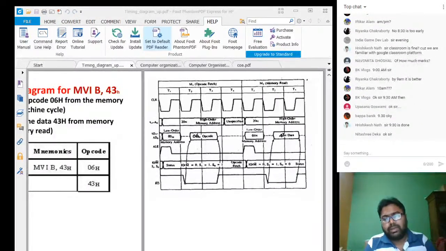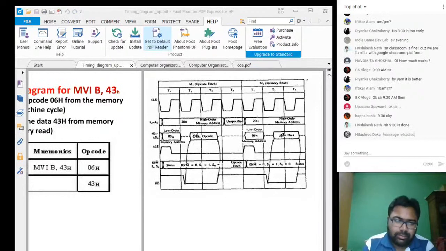So first 15 minutes you will appear for object oriented, and then next 15 minutes you will appear for your COA. Okay, and please be sure that you submit within the specified time, because it will be online, and after this if you are not able to submit within the time, it will be closed.